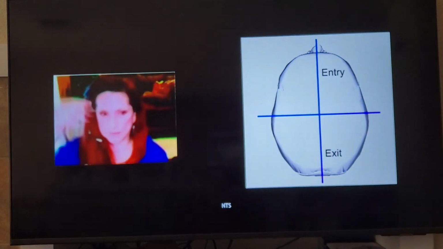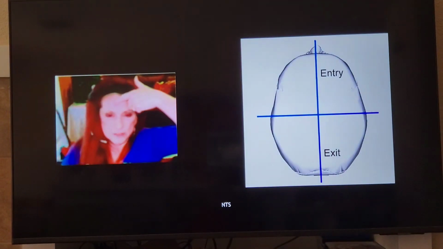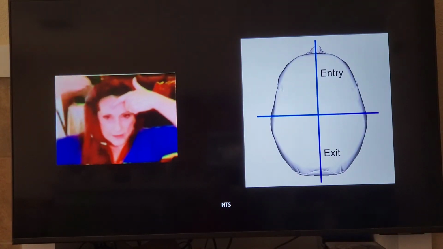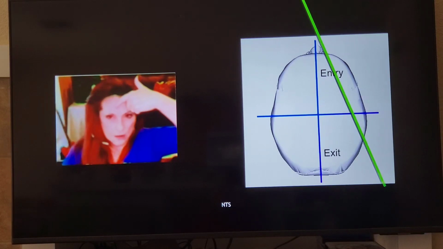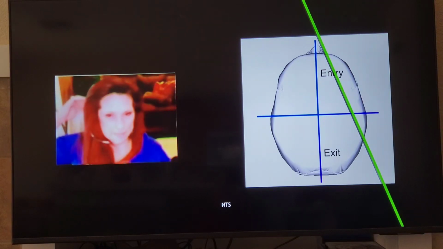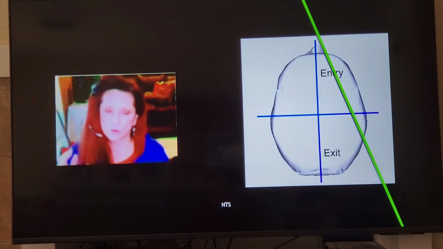So imagine that it's coming in just to the side on the forehead as you're looking down, right here, okay? And that it's traveling back to come out right behind the ear. That would give you one trajectory line.